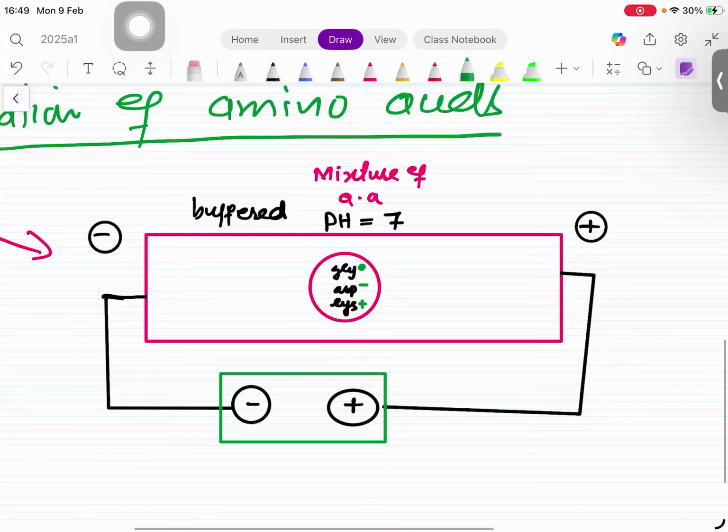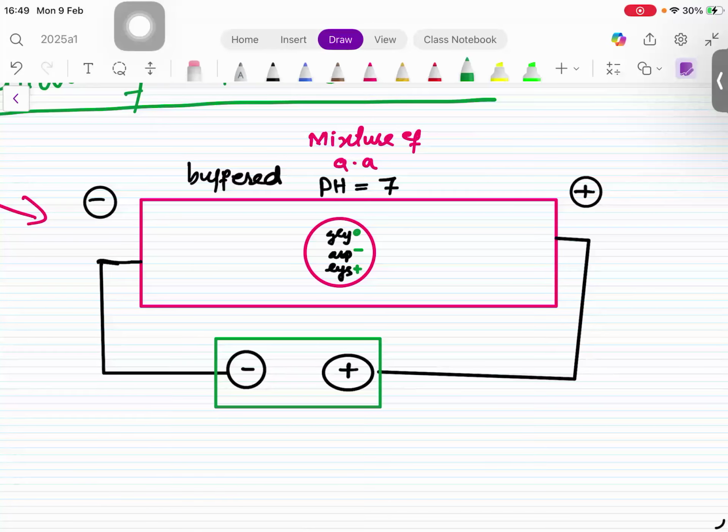As soon as I apply the potential difference on this plate, what happens? The lysine is going to move in which direction? Negative. The ASP is going to move in which direction? Positive. And where is the glycine going to go? Got it? It's not going to go anywhere.